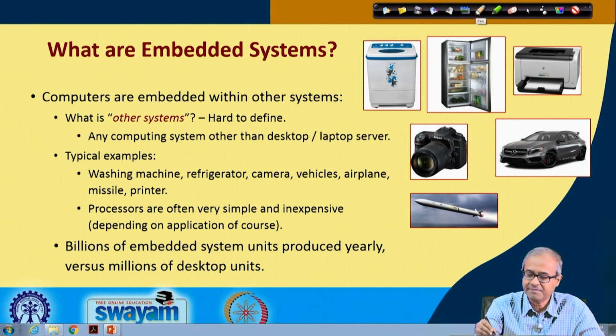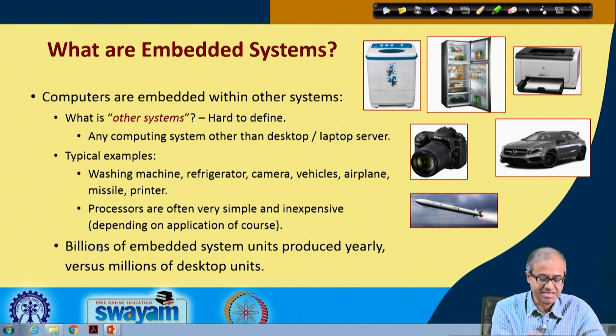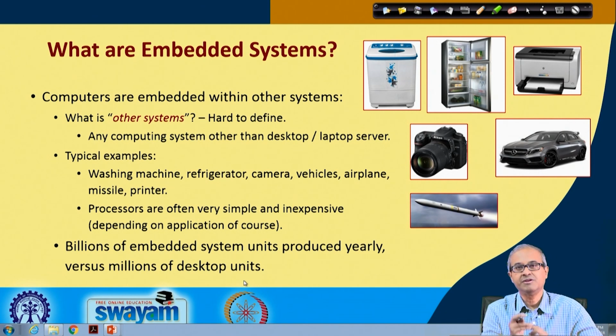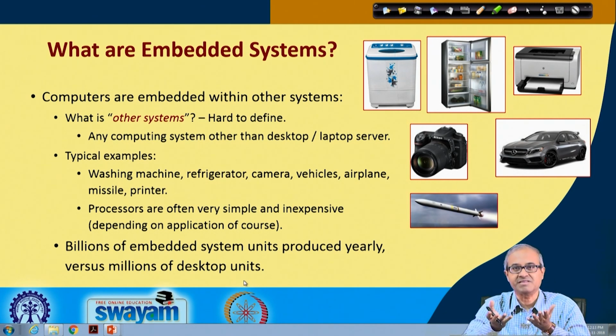Today a very large number of embedded systems are being used all over the world in various applications, billions of them versus millions of conventional computing units. In terms of numbers, such embedded computing devices far outnumber conventional computing devices today.